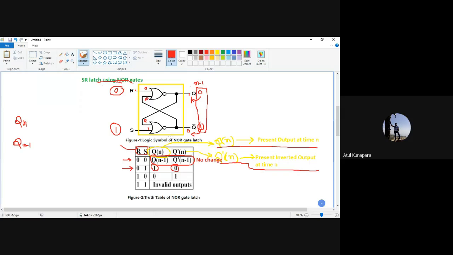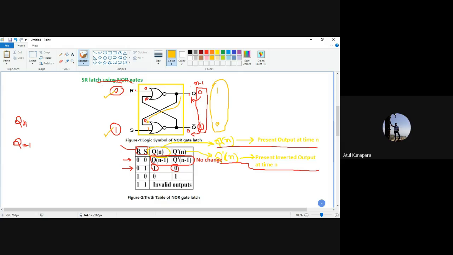Now the second condition: suppose you already have 1 here and 0 over here before you apply this set and reset condition. Before I apply these inputs 1 and 0, let us say my output was already 1 and 0 like this. Then what will it do? Here S you have given 1, and this output 0 will come here.